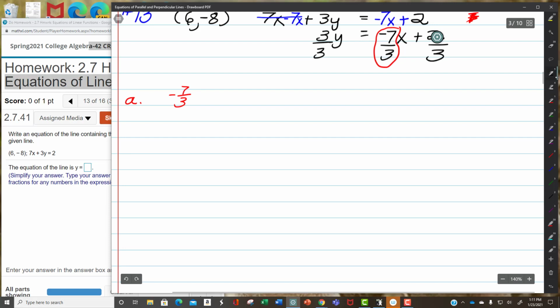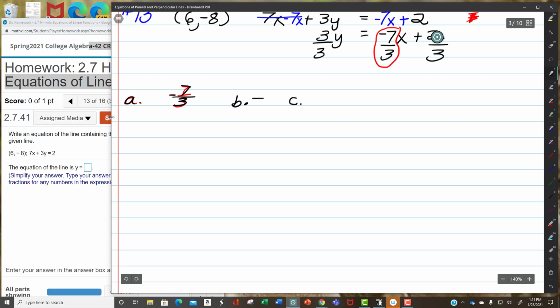I don't want to write in red. There, negative 7/3. Now B. Write it as a fraction if it's not already written as a fraction, but it is.